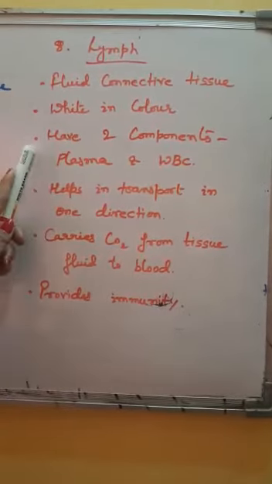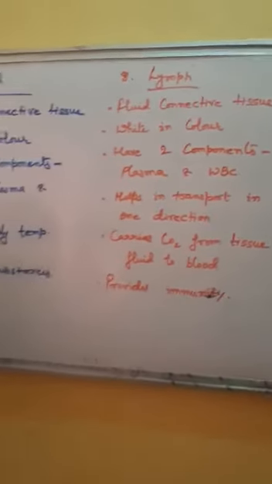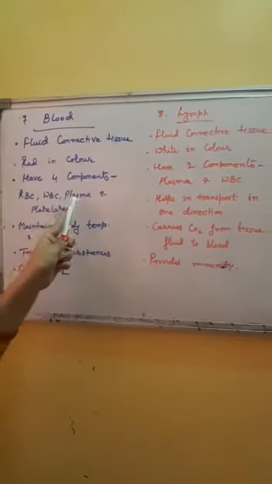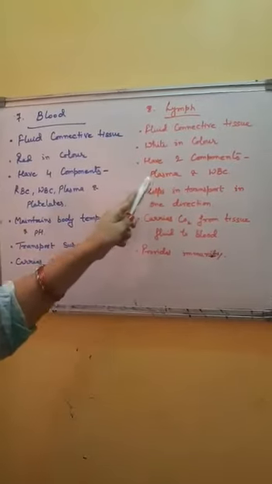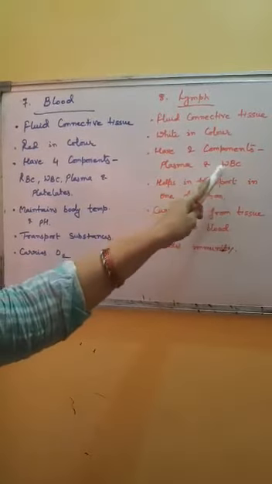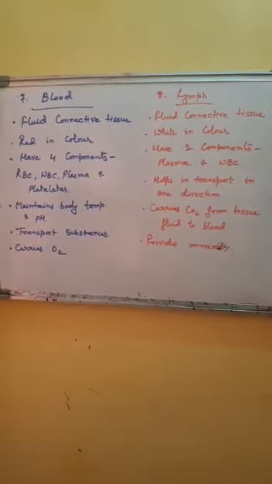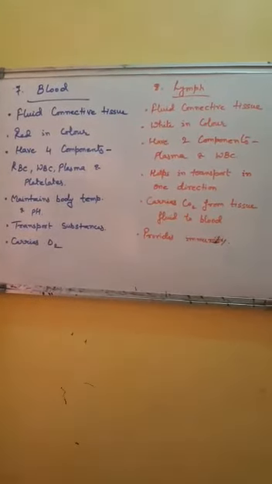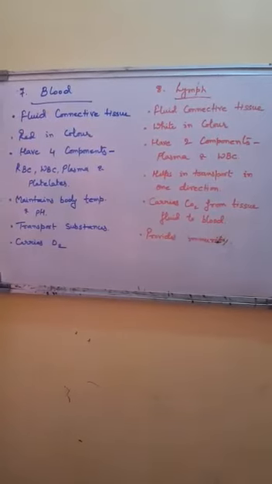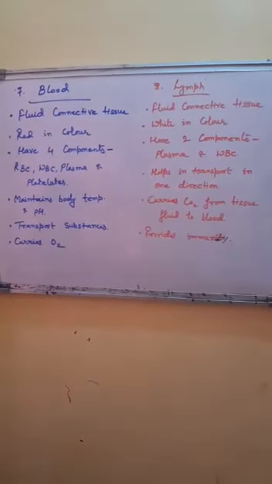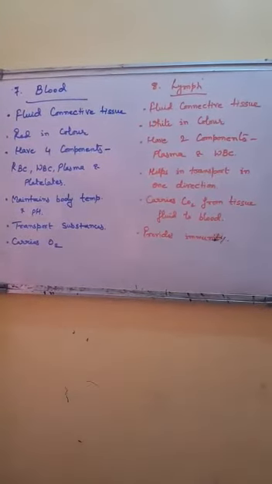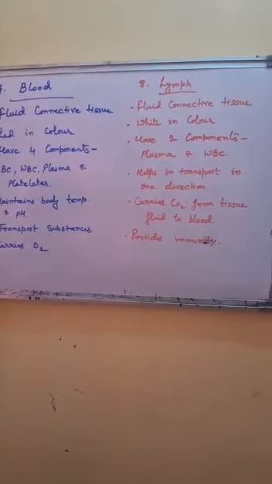Blood has four components, RBC, WBC, plasma and platelets, but lymph has only plasma and WBC. RBC is not present and that's why lymph is white in color, and platelets are also not present and that's why lymph cannot clot.